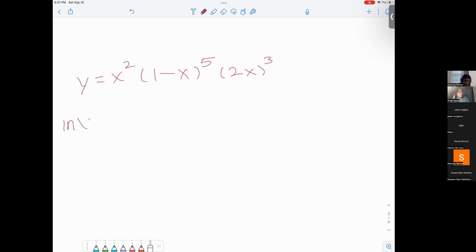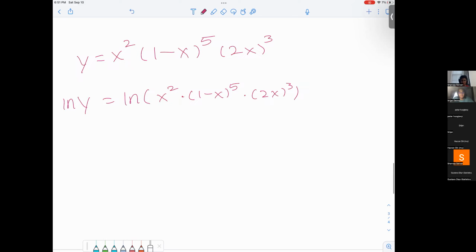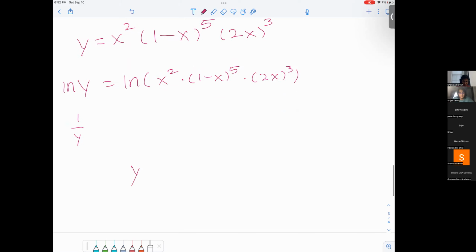You'd get ln of y is equal to the ln of x squared times 1 minus x to the fifth times 2x all cubed. Now, if we take the derivative of both sides, there's one thing we have to be really careful about. When you take the derivative, you get 1 over y, but remember, y is actually a function of x, right? So let's say you have y, right?